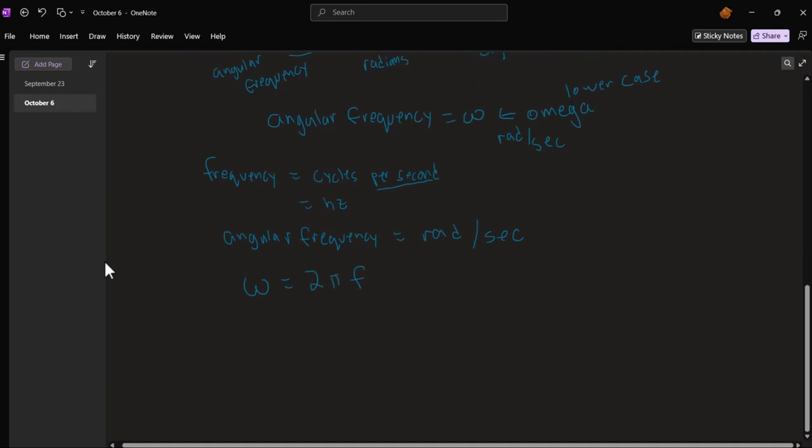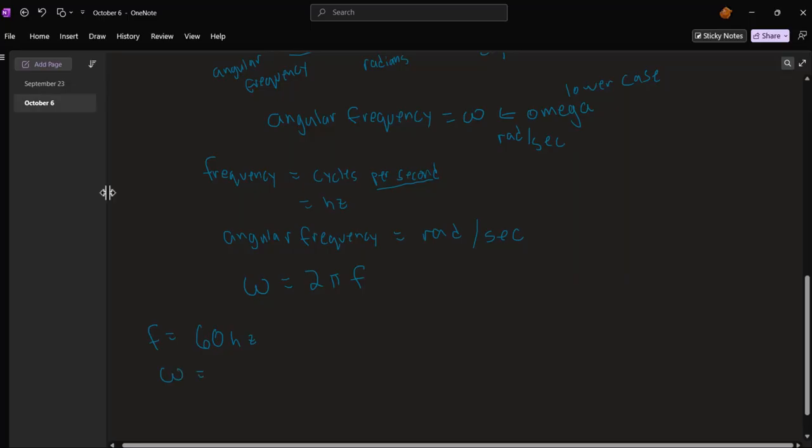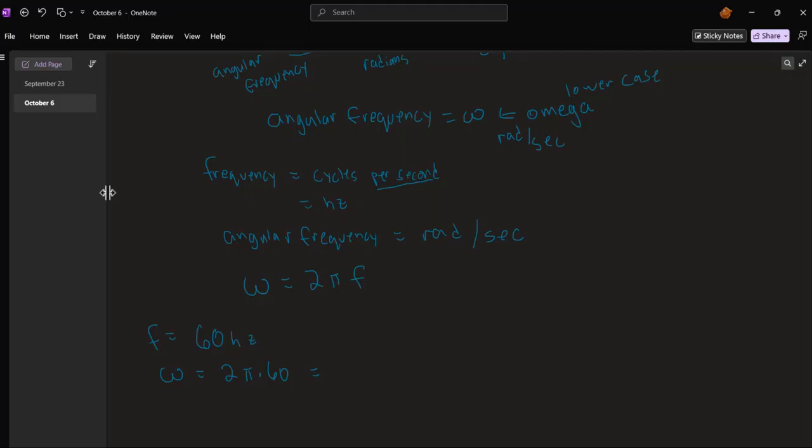So if something is 60 hertz, which is what we see in AC circuits around here, so if frequency is 60 hertz, its angular frequency is 2 pi times 60, which is 377 radians per second.